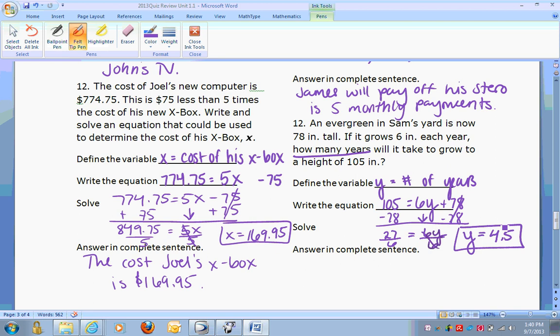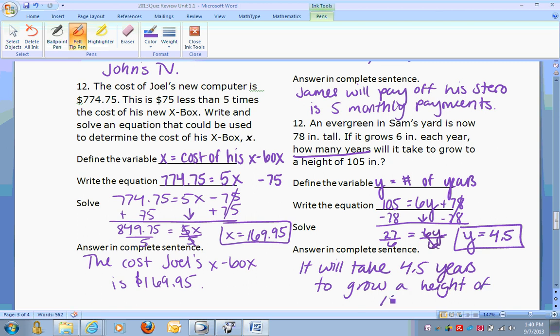Okay, now they want us to answer in complete sentences, what that means. So that tells me it will take the evergreen 4.5 years to grow a height of 105 inches.